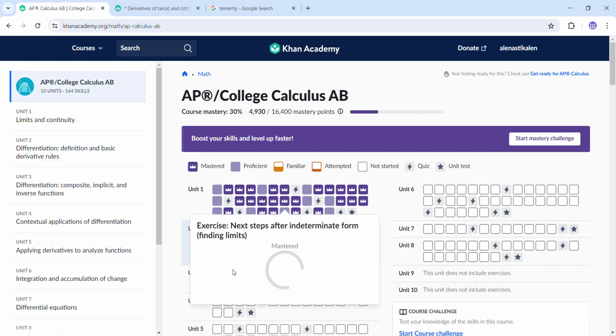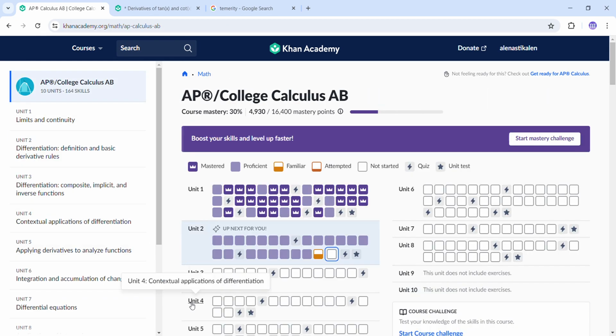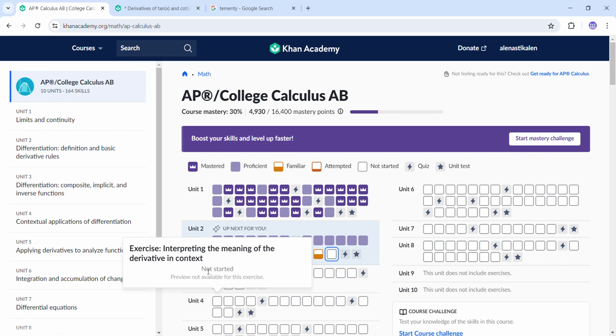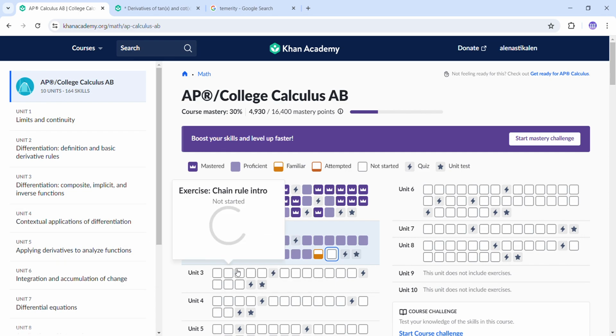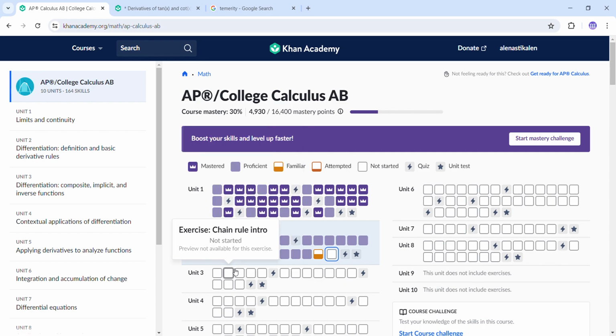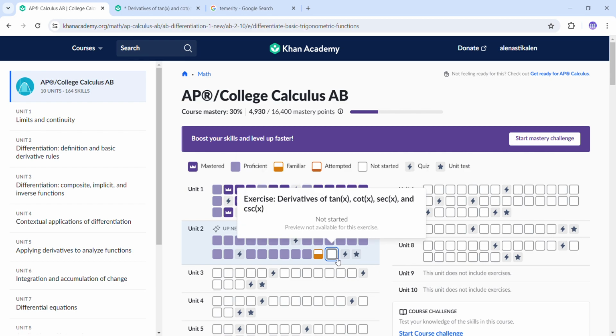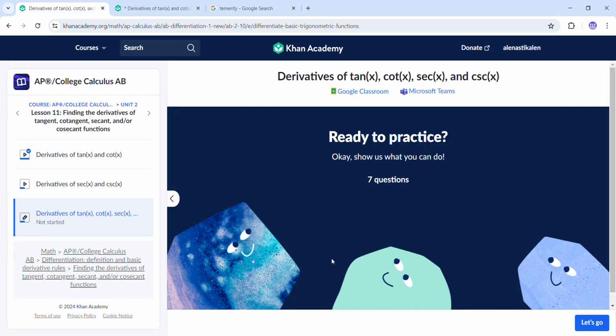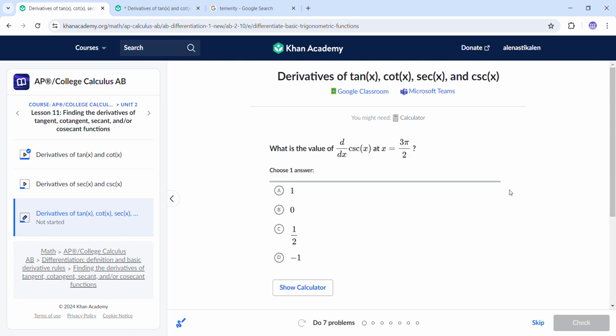If we just take a look at this, there's a chain rule somewhere here in one of the units. I feel like this should be the next one. Yeah, there it is. Chain rule with tables and chain rule intro. Yeah, so I'm not sure which one is derived from which, but you get the point, right?